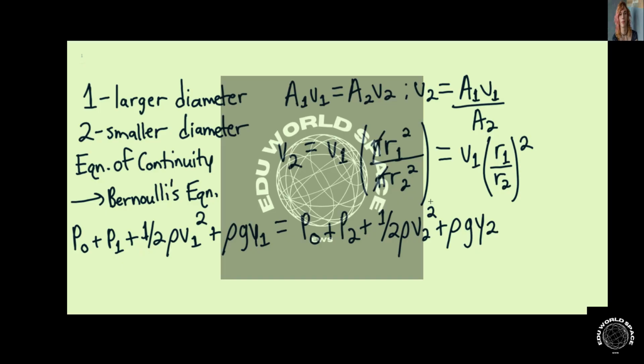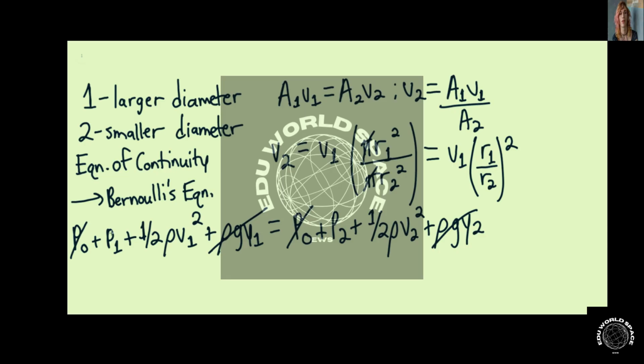We know that the heights are going to be the same for both sections, so this term cancels out on either side, and the atmospheric pressure, of course, cancels out. At this point, we can say that P sub 1 plus 1/2 rho V sub 1 squared equals P sub 2 plus 1/2 rho V sub 2 squared.